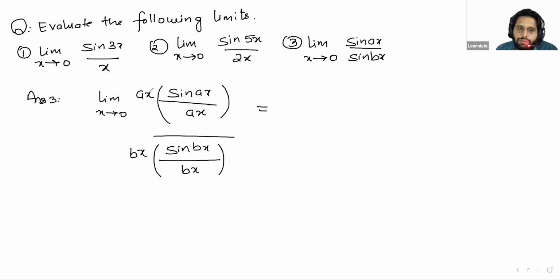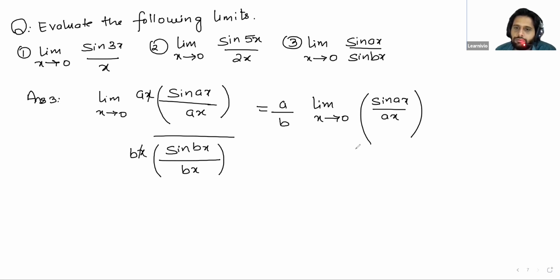Now what happened? This one x will cancel out. This is a by b, which is a constant, so that can be written outside the limit. Now we have this limit x tends to 0, and this we have sine ax by ax, and this is sine bx by bx. Now we will put this limit separately in the numerator and denominator.